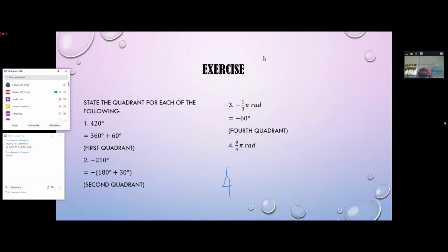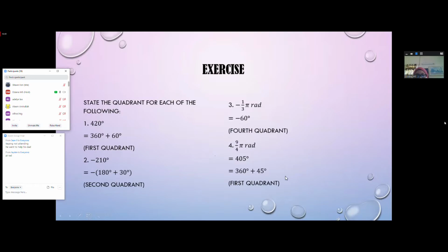If you want, write down in the chat. 405. Okay, good, very good. Okay, 405. One cycle, 360, plus another 45. So at which quadrant? First. Good. Very good.